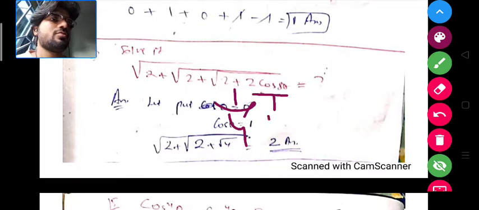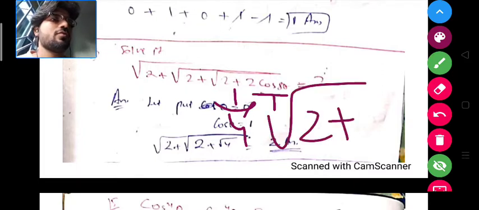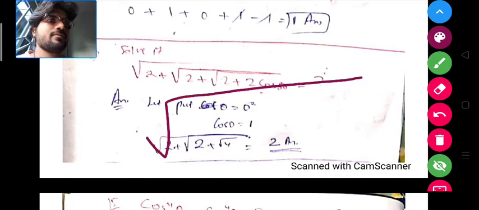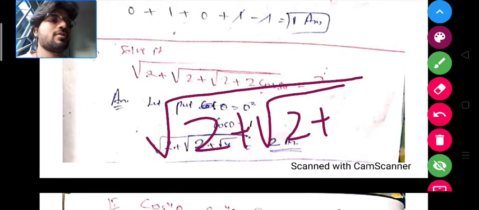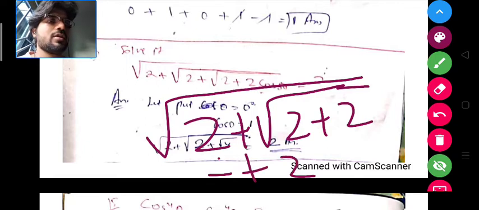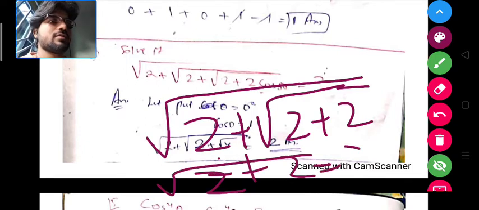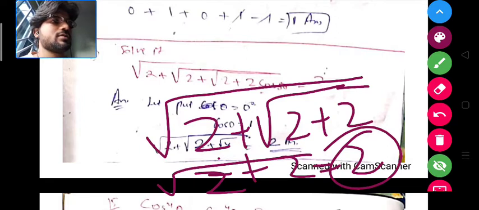So this becomes 2 plus under root 4, which becomes 2, again 2 plus 2 is 4, then again 2, then again 4, and again 2. The answer will be 2.